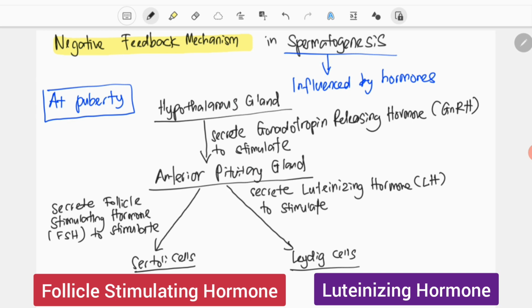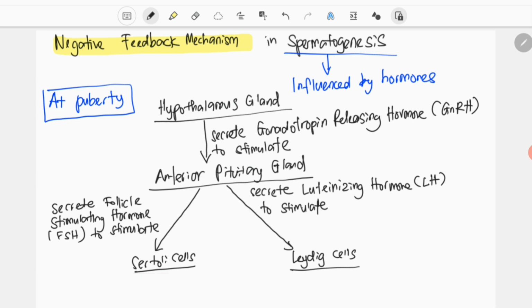So ada dua hormon yang akan secreted by anterior pituitary gland, iaitu FSH dan juga LH. So dua hormon ni akan secreted by the anterior pituitary gland selepas anterior pituitary gland receive GnRH daripada hypothalamus.